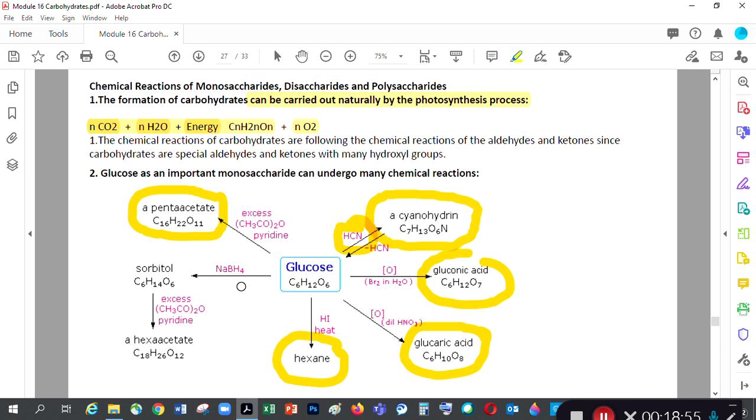So the right side is oxidation, and this side is reduction. With reduction with sodium borohydride, you get first sorbitol, and if you treat the sorbitol with excess acetic acid anhydride and pyridine, you get hexaacetate. You can see the bunch of reactions glucose can undergo under mild conditions.